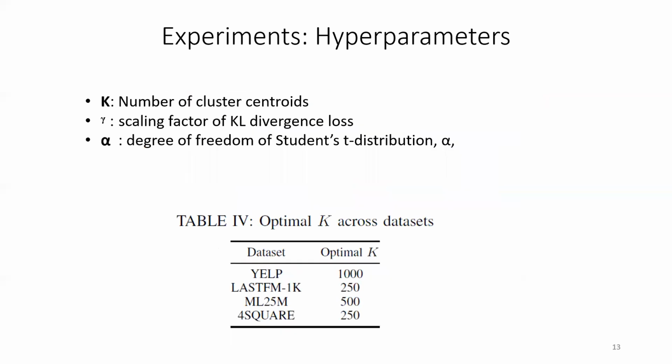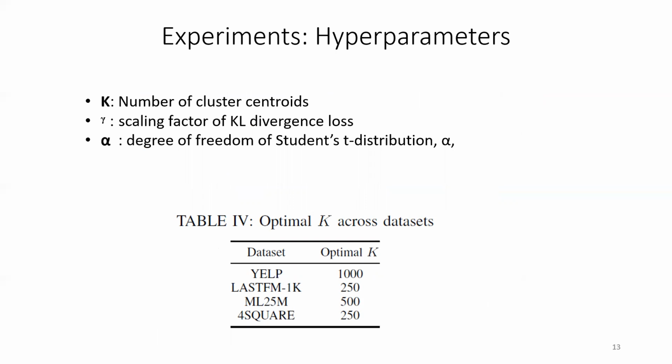Now we'll discuss important hyperparameters in this work. So among the significant hyperparameters, first of all, is the number of cluster centroids, which we denote as K, which in this work we found to be different across data sets.